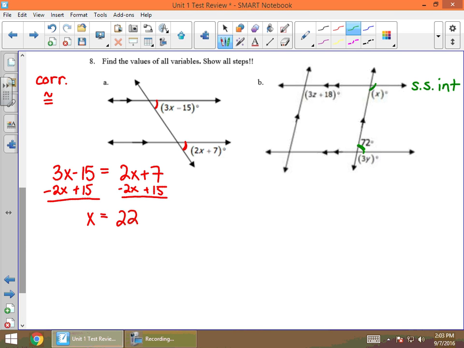And I know that same side interior angles are supplementary. So that means x plus 72 has to add up to 180. Solving this, subtract 72 on both sides. So x is 108.